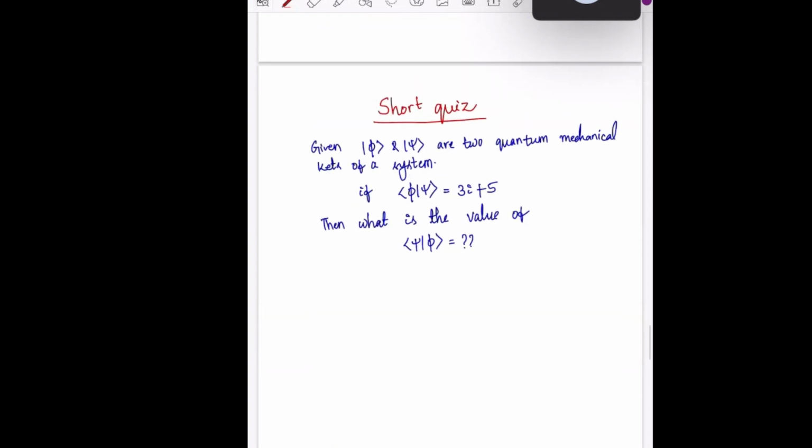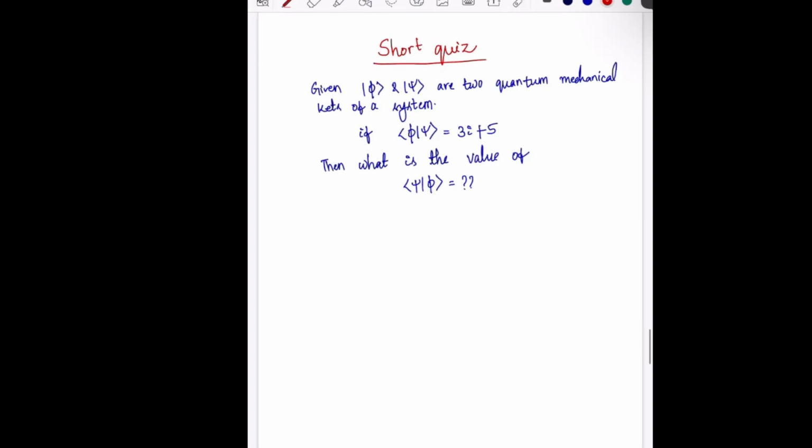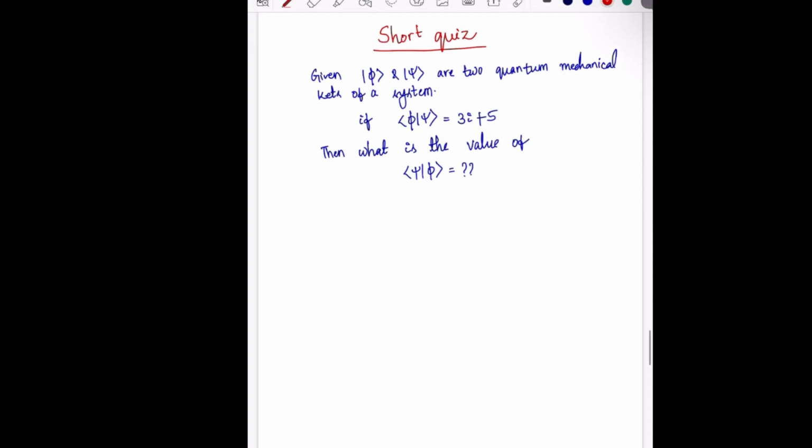Let me take a short quiz. So, everyone can see the screen, right? I think everyone can see the screen. This is one of the shortest quizzes.